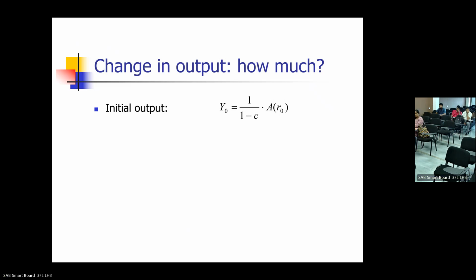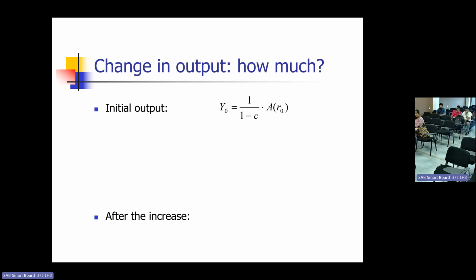This autonomous expenditure we denoted as A. It explains the autonomous consumption and autonomous investment. Autonomous investment may depend on the interest rate, that's why we put it as A of r. And 1 over 1 minus c1 is the multiplier. So that is the equilibrium income.